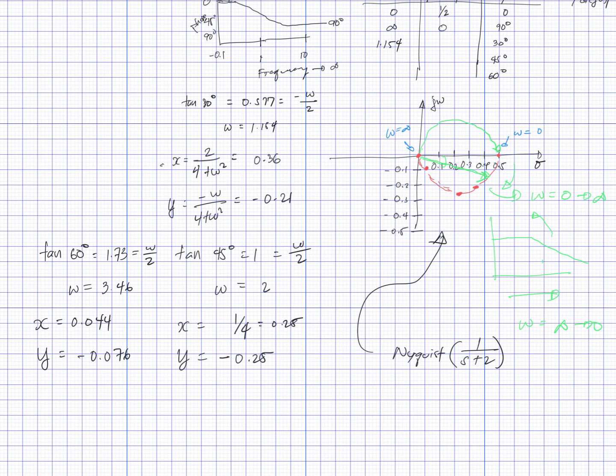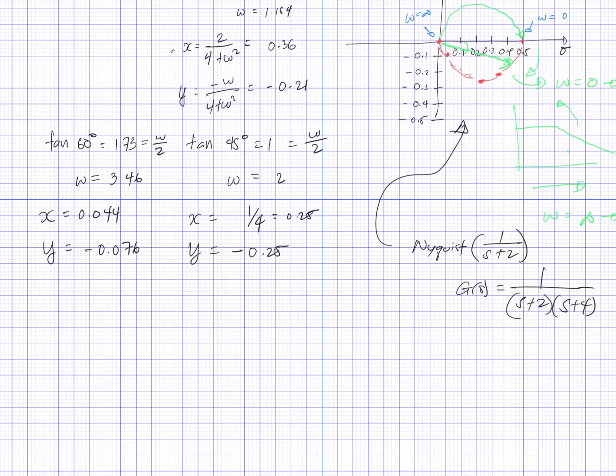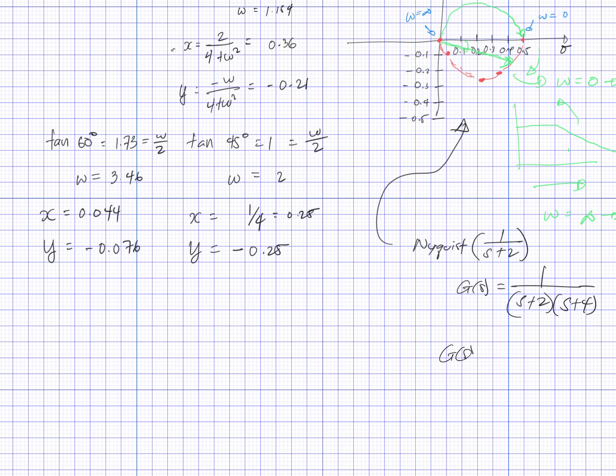And so try to practice that one using different functions: g of s equals 1 over s plus 2 and s plus 4, and g of s equals 2 over s plus 3, s plus 5.